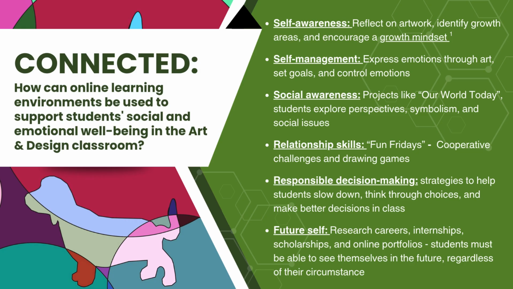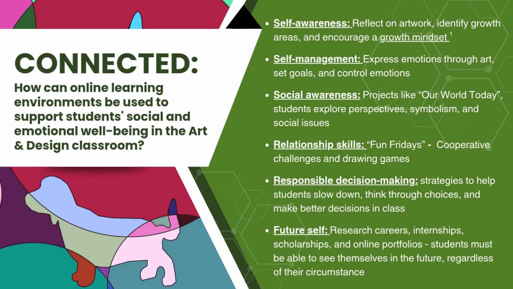Self management would be where students can express emotions through art, they can set goals and control emotions. Social awareness. Projects like Our World Today that I have students do is where students explore perspectives, symbolism, and social issues. Relationship skills are built through our Fun Fridays.